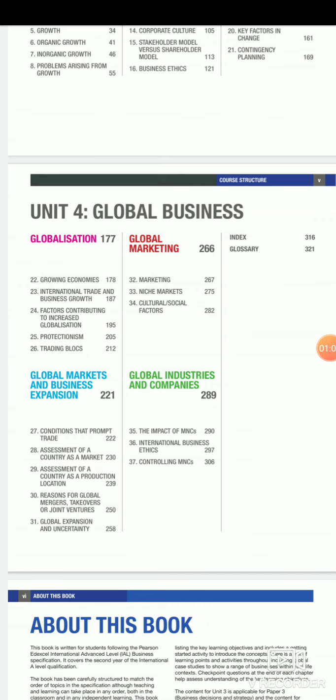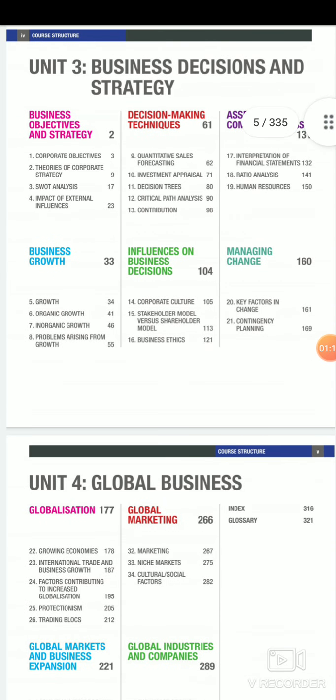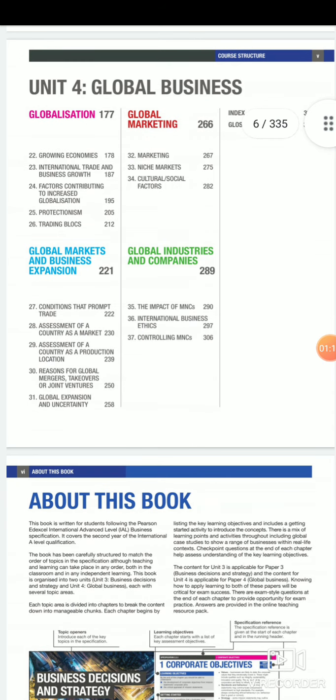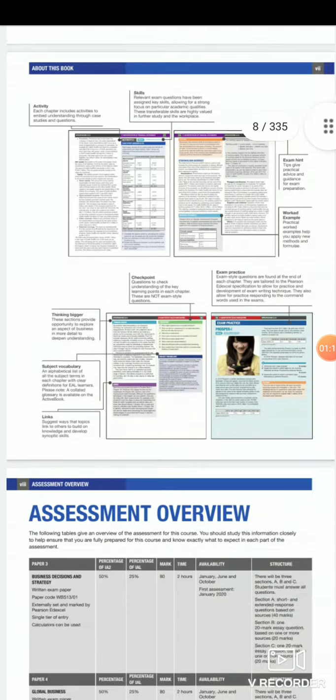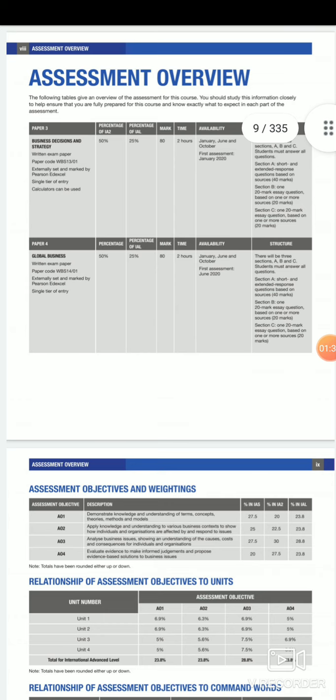Unit 3 deals with business decisions and strategy, and Unit 4 deals with global business. For your examination, you will have 2 main papers for Unit 3 and Unit 4. That's Paper 3 and Paper 4 for your IA2 or the second year of your IAL.